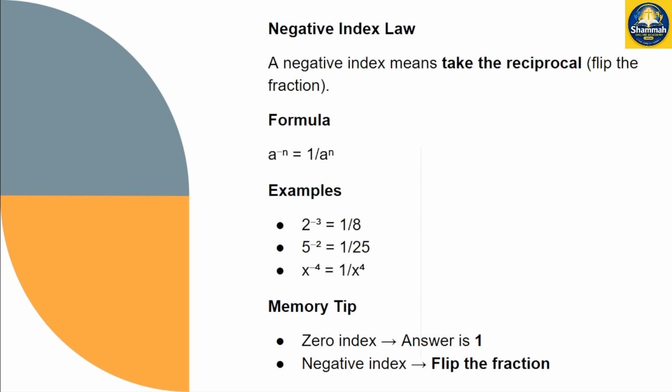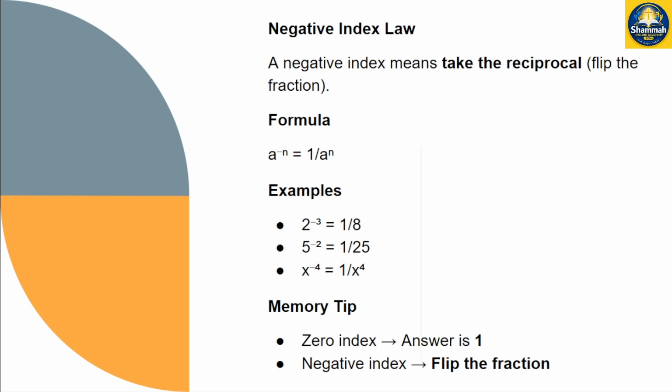Now let's look at the examples we are given. 2 raised to the power minus 3 will give us 1 over 2 raised to the power 3. So what is 2 raised to the power 3? 2 raised to the power 3 gives us 8. So our final answer will be 1 over 8. If we have 5 raised to the power minus 2, it will become 1 over 5 squared.